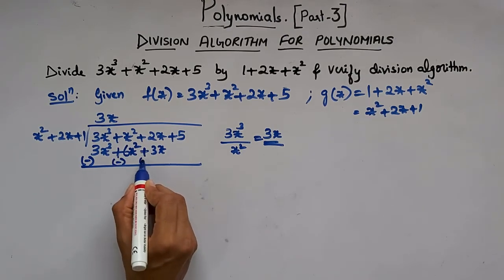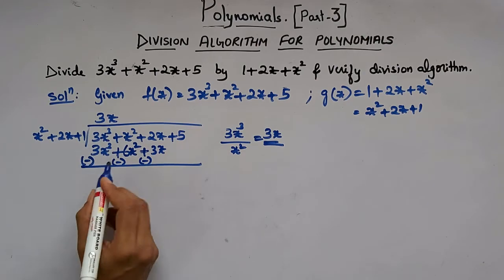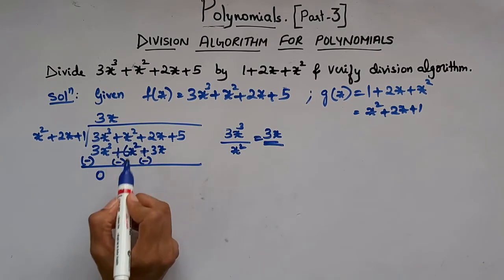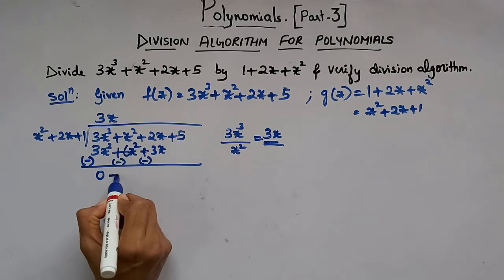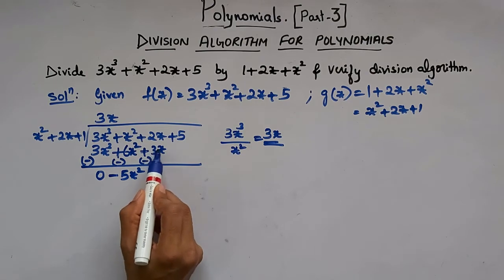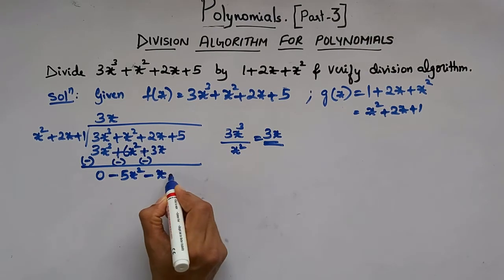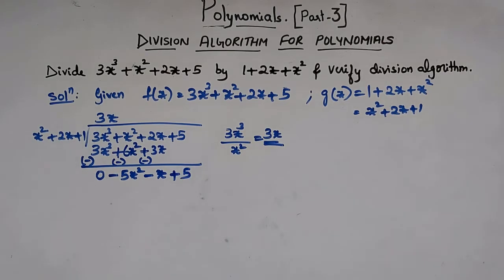Here plus, so minus. So 3x cube minus 3x cube will give you 0. x square minus 6x square will give you minus 5x square. Here 2x minus 3x, you will be left with minus x, plus 5.